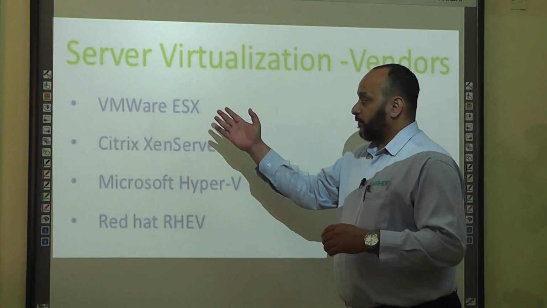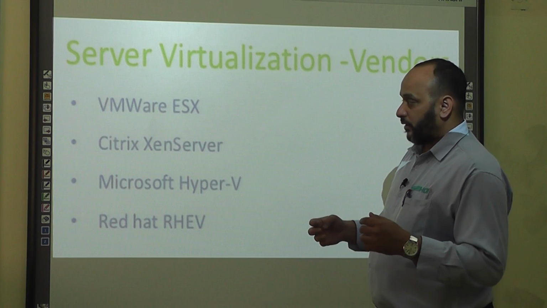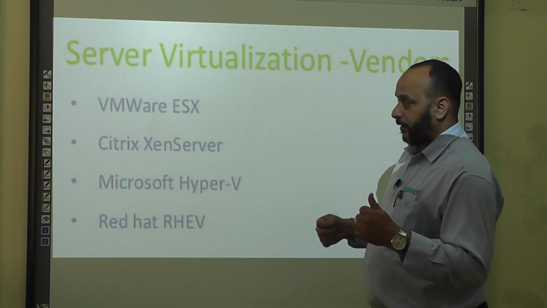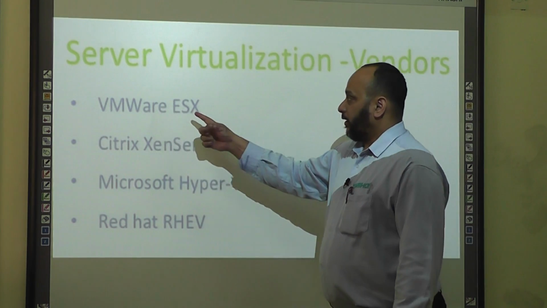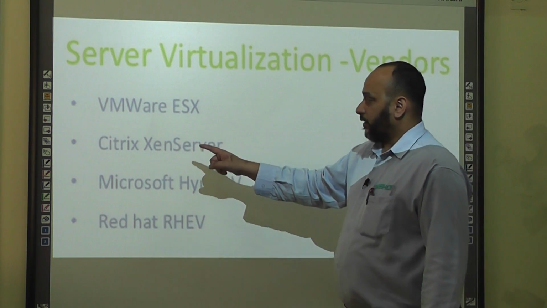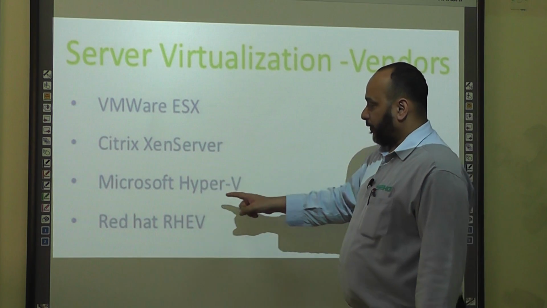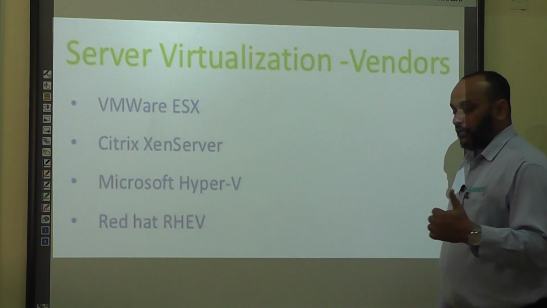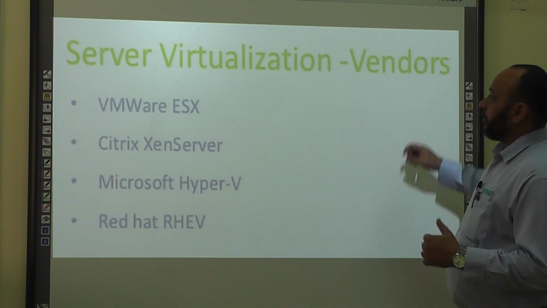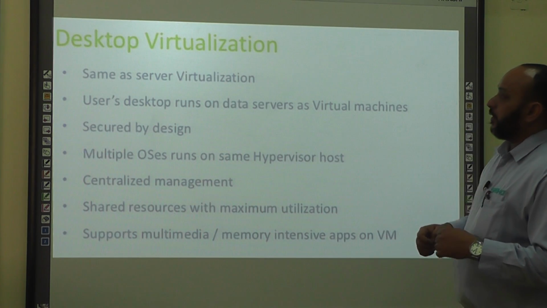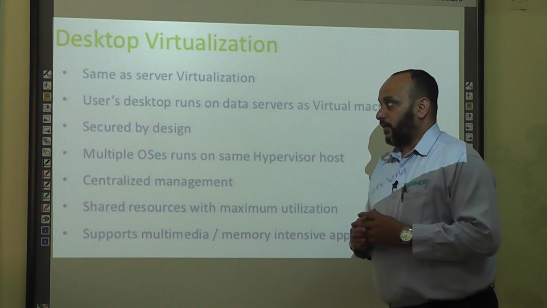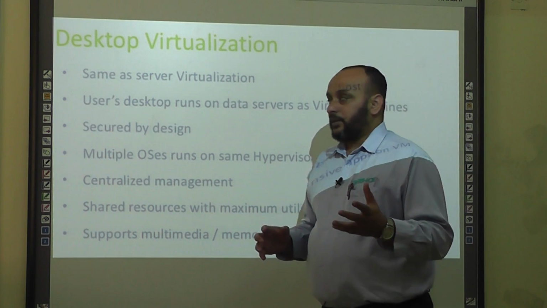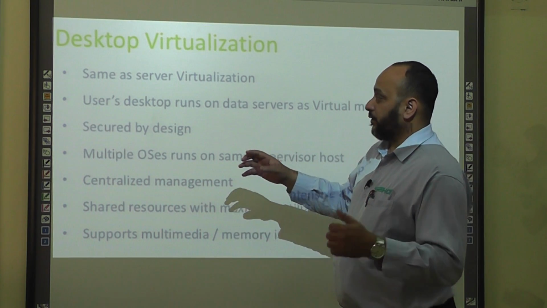There are 4 major vendors for server hypervisor: VMware ESX, Citrix Xen Server, Microsoft Hyper-V, and Red Hat RHEV hypervisor. For desktop virtualization, the vendors will be the same as for server.